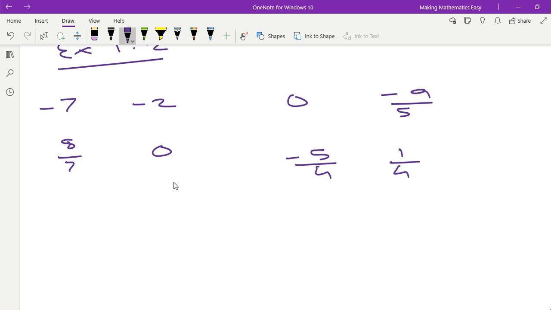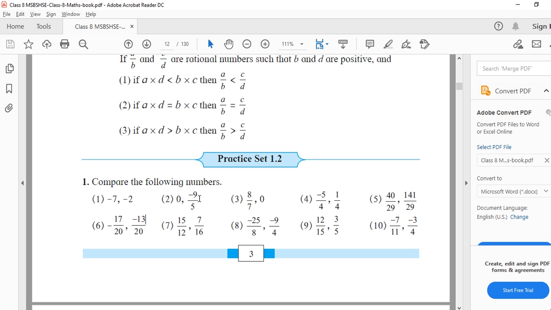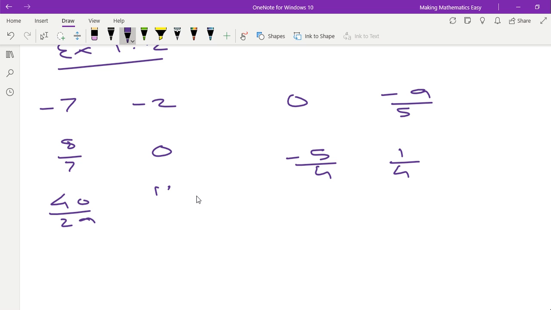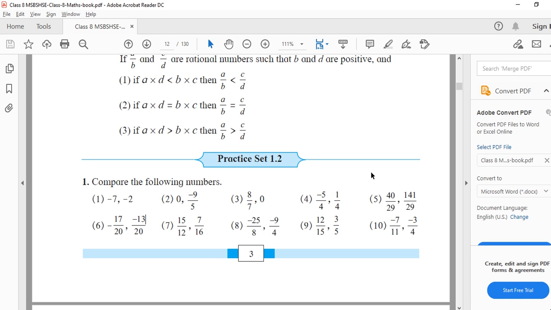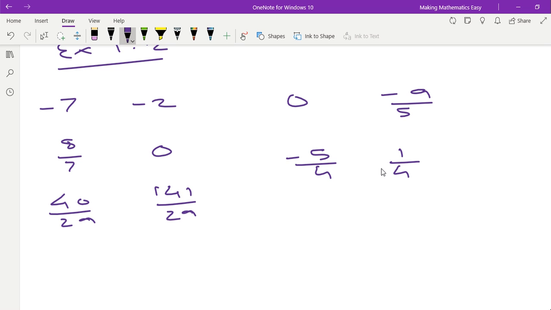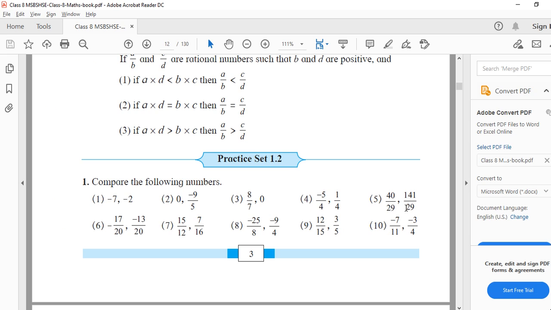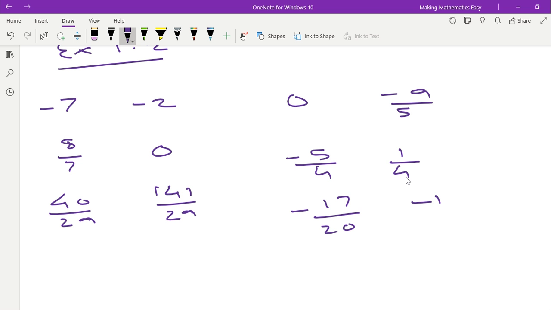Next is 40 upon 29 and 141 upon 29. Next is -17 upon 20 and -13 upon 20.